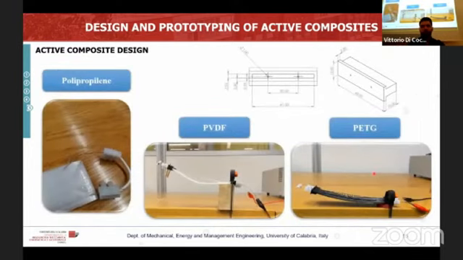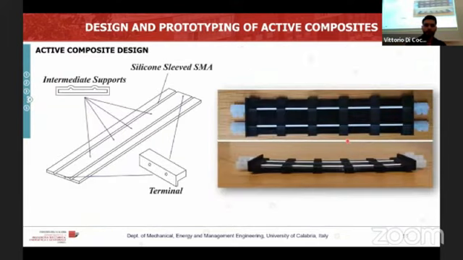We have not obtained a good result from this prototype because all the materials present an incredible delamination problem, and this is due to the thermal increase in temperature when the SMA wire has been activated. And to solve this problem, we have redesigned a new active composite produced as 3D printed material.